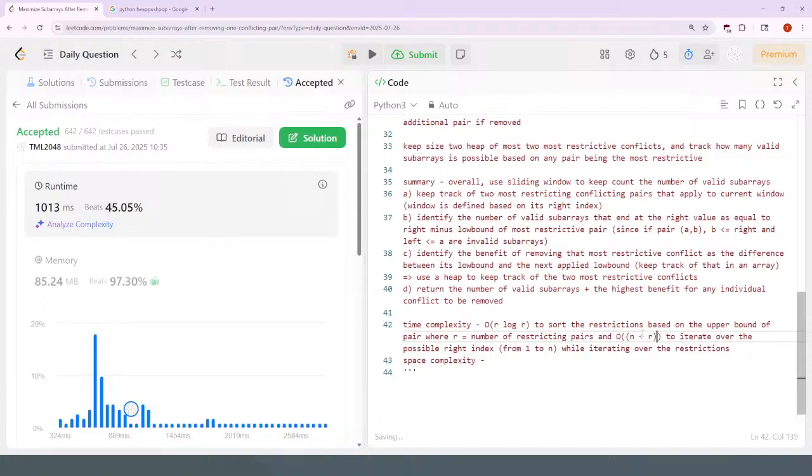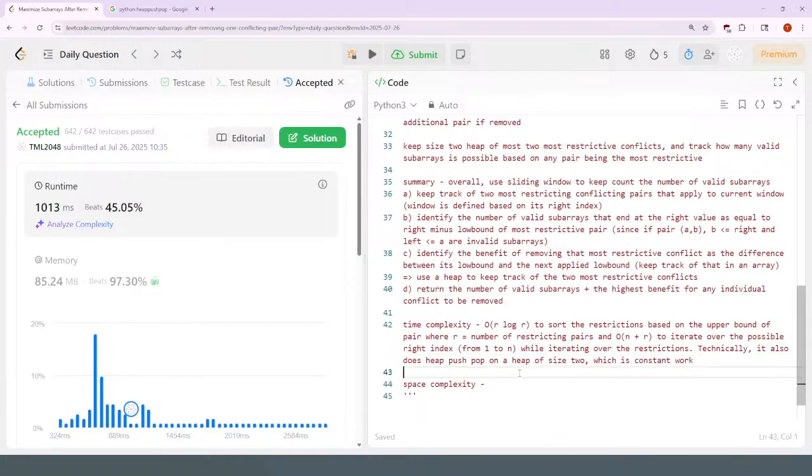Each time you do that, it's constant work to maintain a heap of size 2. Technically, it also does heap push pop on a heap of size 2, which is constant work, I guess.